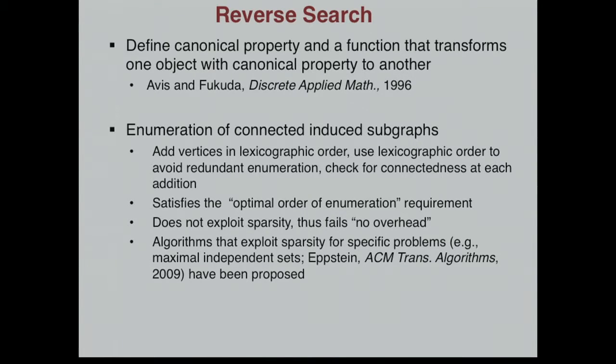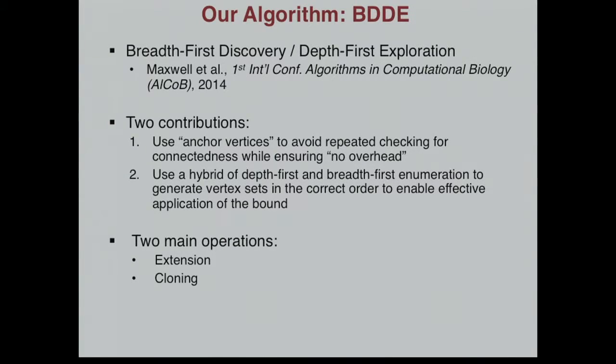Here we are dealing with graphs where we have thousands of nodes and tens of thousands of edges. Reverse search does not take into account sparsity. It generates subsets and then checks for connectivity. If you do it with a protein interaction network where you have thousands of nodes, the subset space is much larger than the connected subgraph space because of connectivity, so you can't apply reverse search.